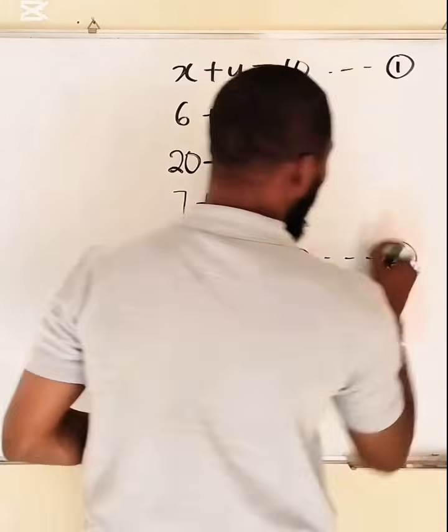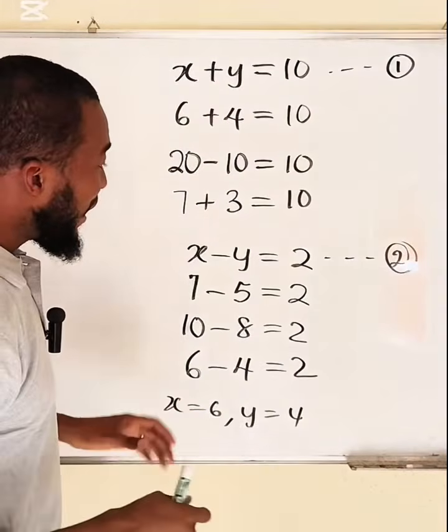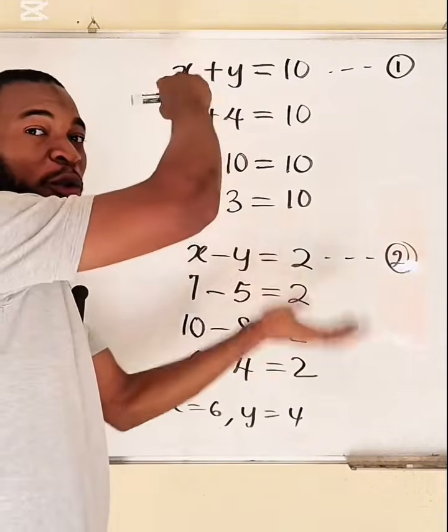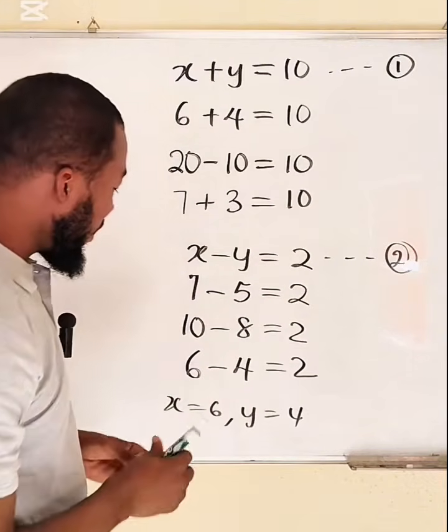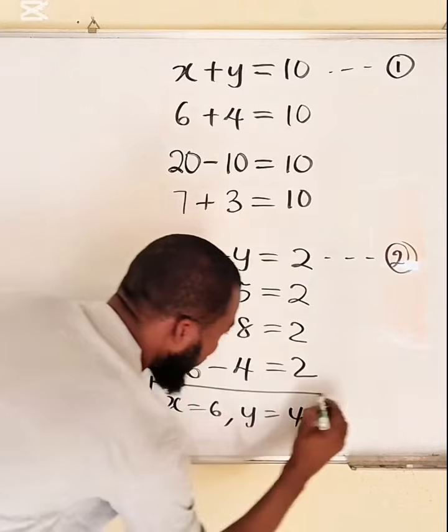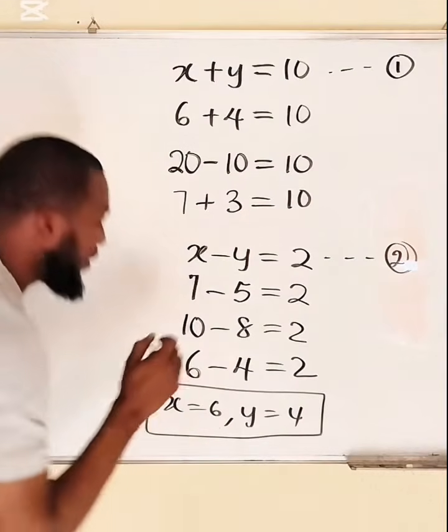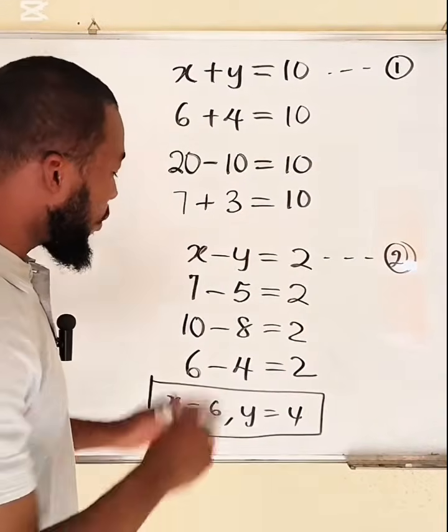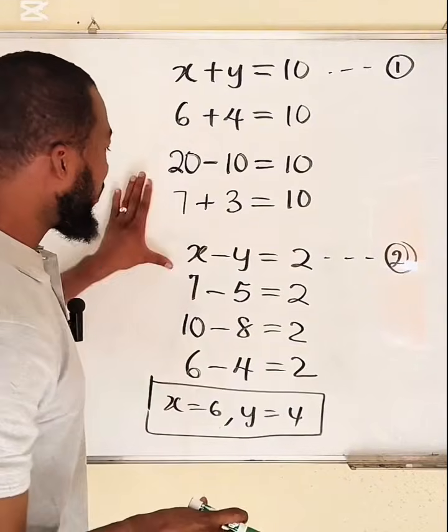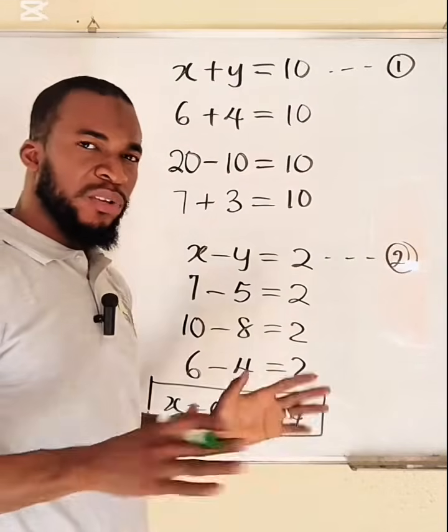This is equation number 2. So it means that the solution to these two equations simultaneously are what? 6 and 4, respectively. When x is 6, y equal to 4, it will satisfy these two equations simultaneously.